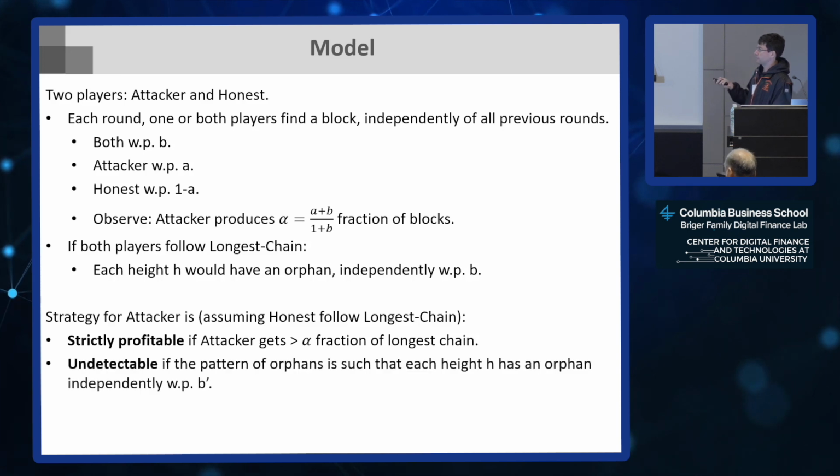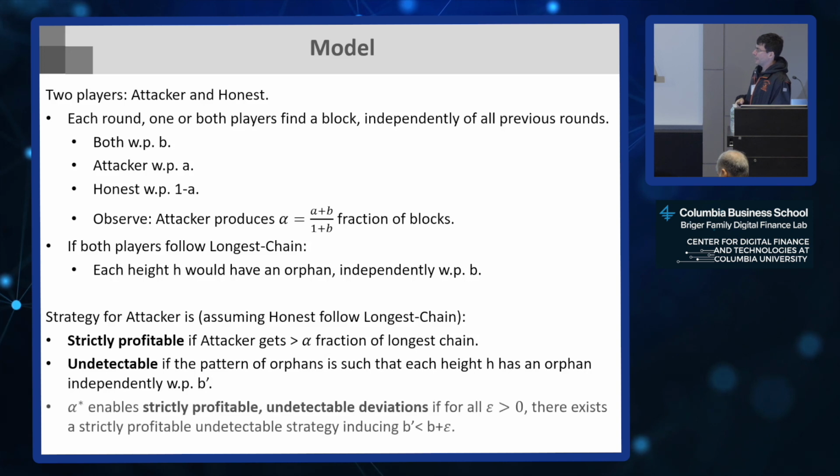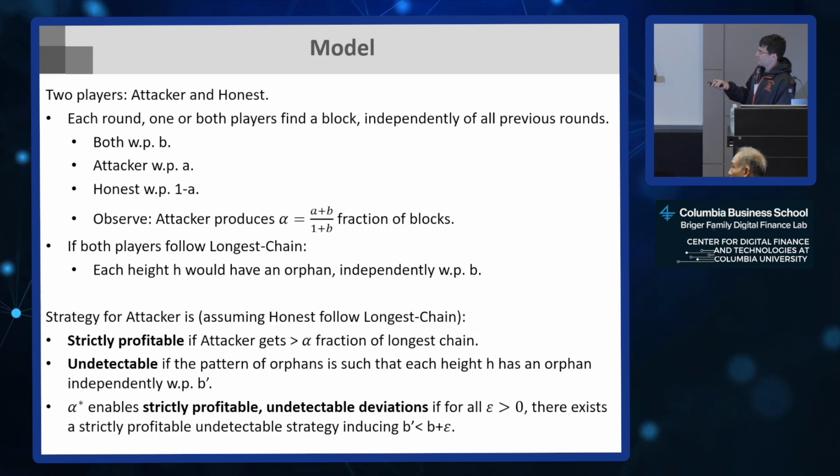And I would say it's undetectable if the pattern of orphans is such that every height has an orphan independently with some probability. They can't match exactly the underlying latency, but nobody really knows exactly the underlying latency anyway. I'll also ask for an even stronger property: for every epsilon bigger than 0, there is a strictly profitable, undetectable strategy getting you arbitrarily close to the natural latency.